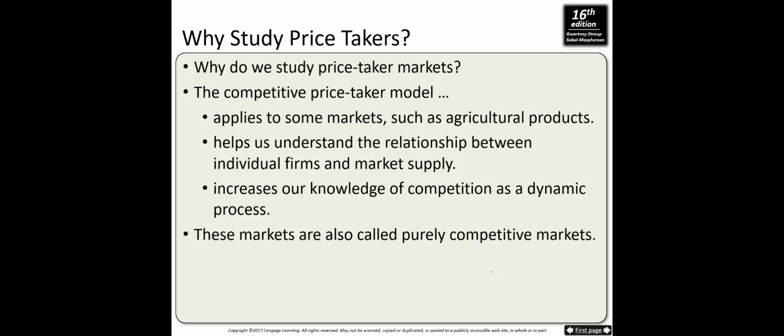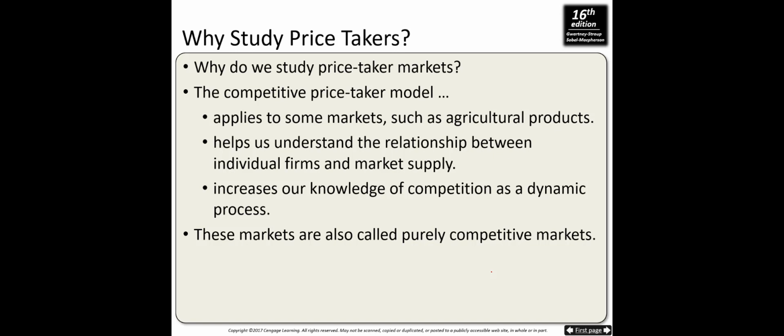So if we don't have many examples of price takers, why do we study the price takers? The competitive price taker model applies to some markets, such as agricultural products, as I said before, helps us understand the relationship between individual firms and market supply, and increases our knowledge of competition as a dynamic process.